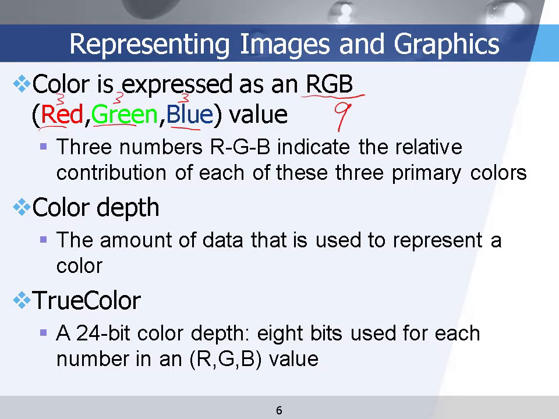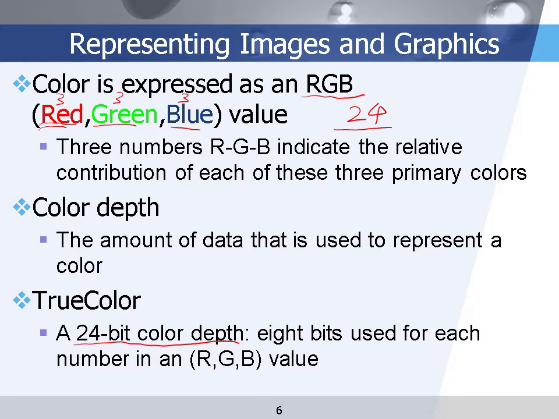Because 3 bits can represent 8 different things, for each color we can have 8 different values. If we have 24 bits to represent a color, for each primary color we have 8 bits, and this 24-bit color depth is called true color.